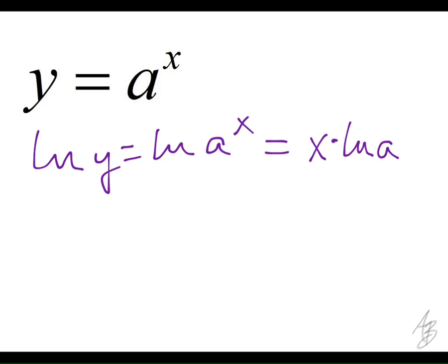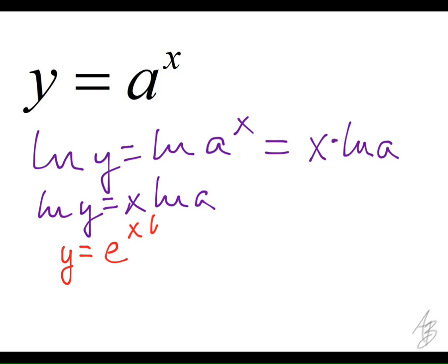So what we have now is the natural log of y equals x times the natural log of a. Getting y by itself now is fairly simple. This is a log with a base of e, so we can rewrite this now as y equals e to the x natural log of a.